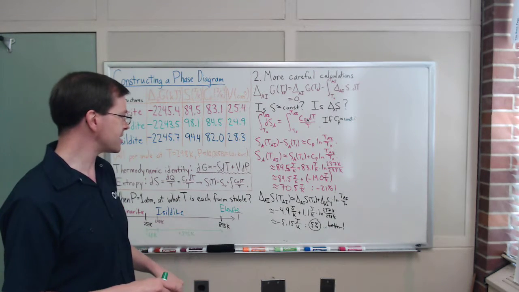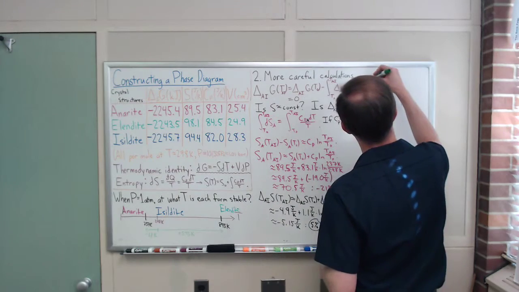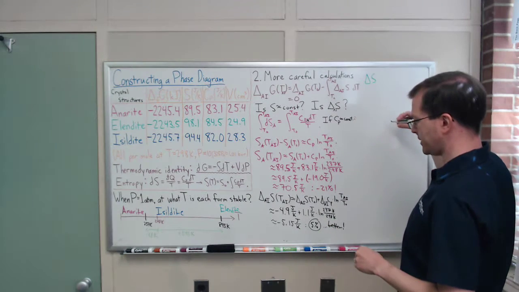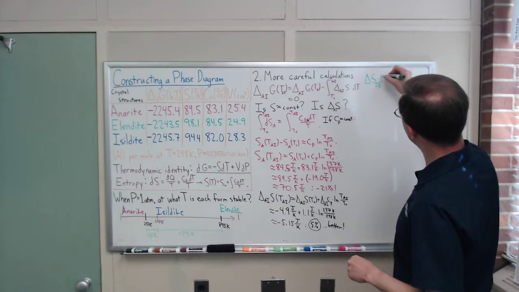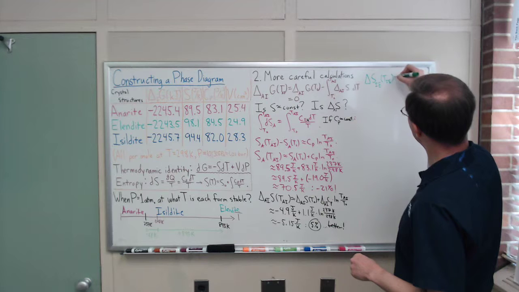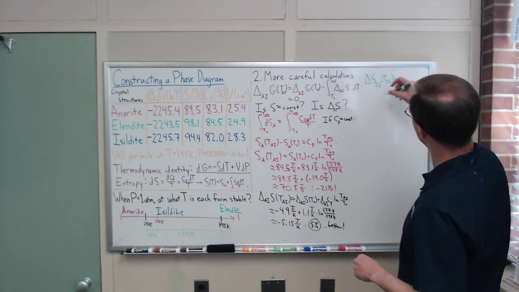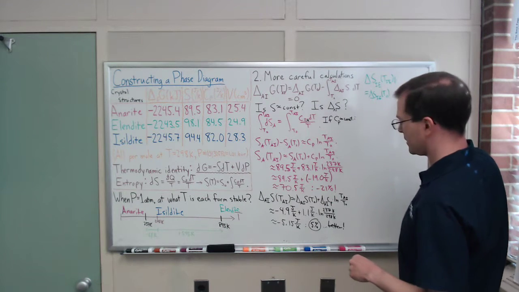What about my delta S? I'll find that delta S IE at that phase boundary temperature equals delta S IE at T naught.